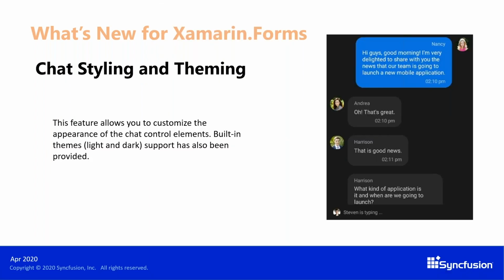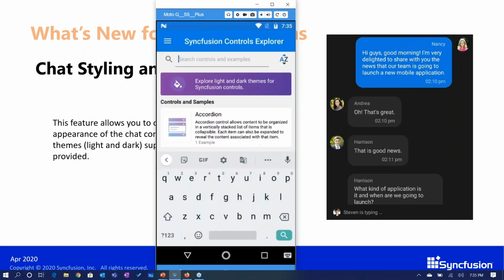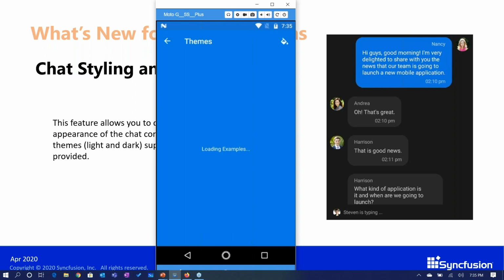The chat control is still in preview, and in this release we have concentrated on providing as much customization as possible. Now you can customize the appearance of the control, and we have also provided support for light and dark themes. Let me show you a demo on that.